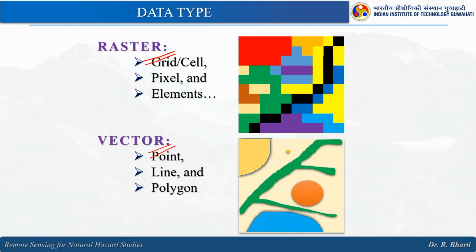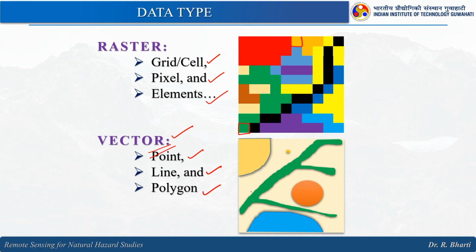The first one is the raster, where the images are generated and it is divided into pixels. So the grid cells or pixel or the elements are present and they divide the area, right? When we talk about the vector, we have point, line and polygons.